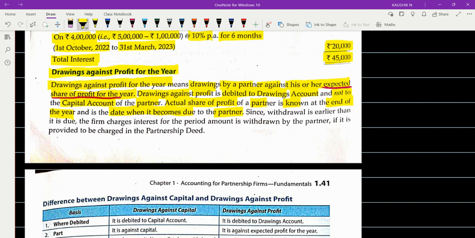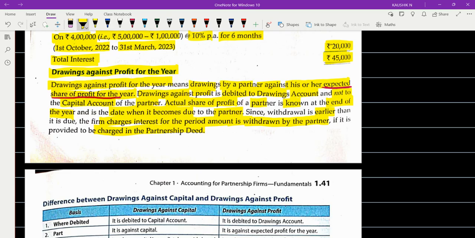Since you are doing the withdrawal earlier, before the year closure, the firm will charge interest for the period the amount is withdrawn by the partner, if it is provided to be charged in the partnership deed. So that is the concept.